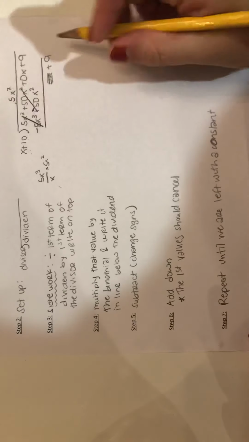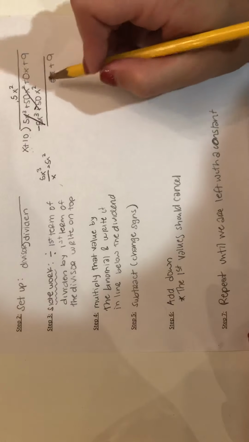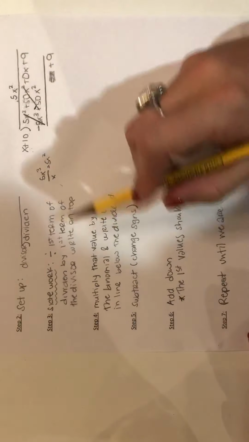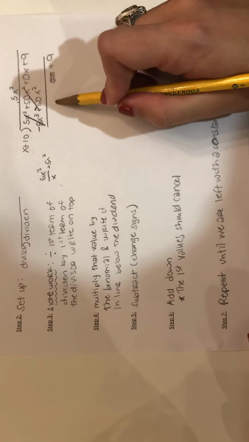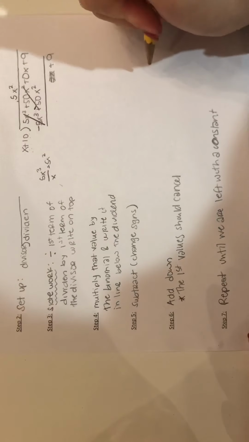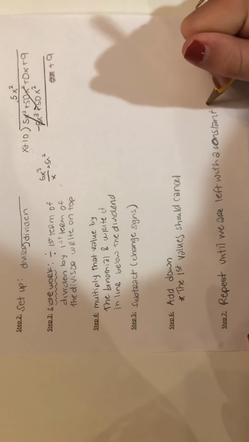In this case, 9 is a constant, so we're done. If 9 wasn't there and we had x squares and x's, we just continue to go through dividing the first term, multiplying, and subtracting until we're left with a constant. Once you're left with a constant, that is our remainder.